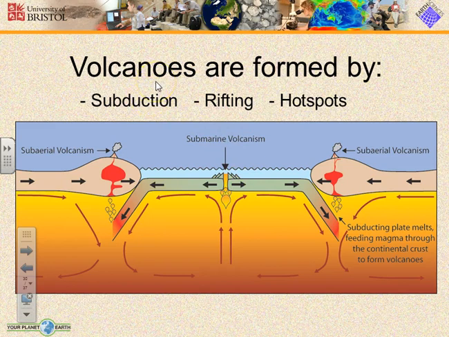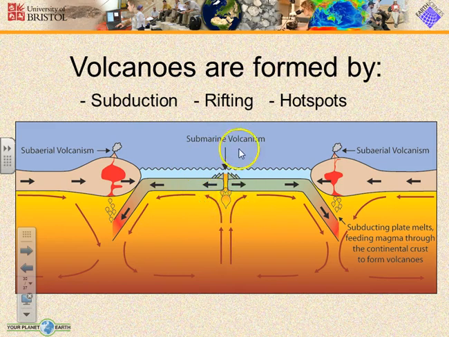Okay, so volcanoes are formed. Make sure you write these three things. Subduction, we already talked about that. Rifting, which is exactly what's happening in Iceland. That's continent to continent crust. Oceanic to oceanic, the mid-Atlantic ridge.